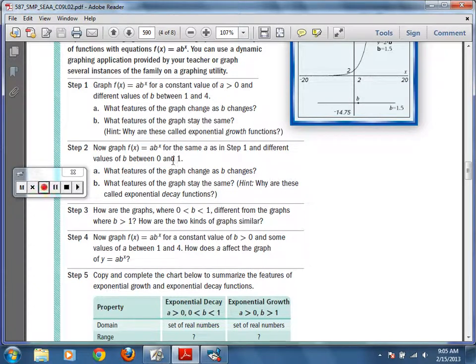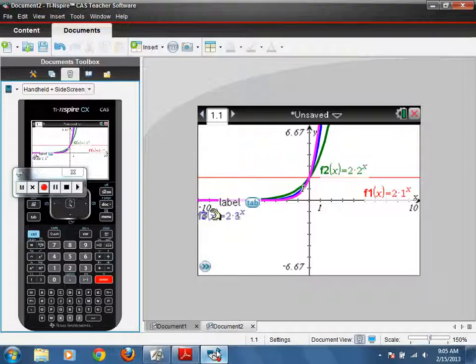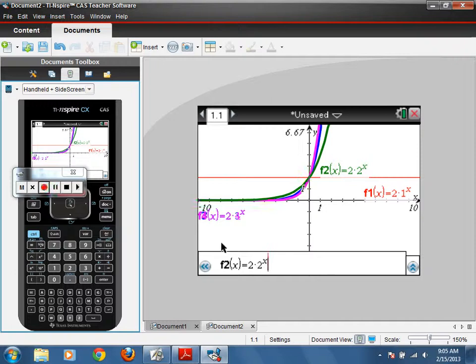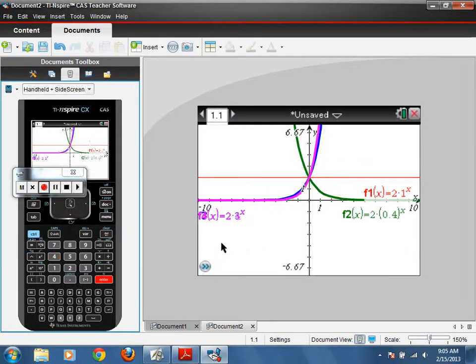Now if I pick values of b between 0 and 1, what's going to happen? I'm going to guess that it's the same thing. So instead of 1, 2, 3, 4, now we're going to pick 1, and let's do 0.5. I did 0.4, I guess, so we'll do that. 0.4. 0.3.